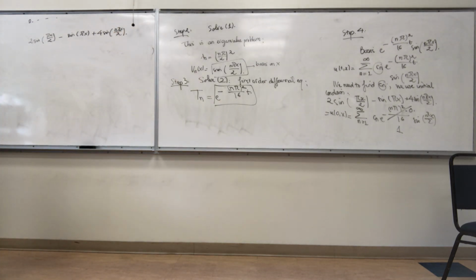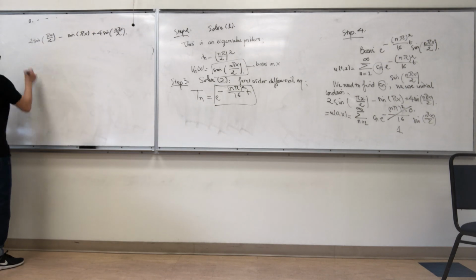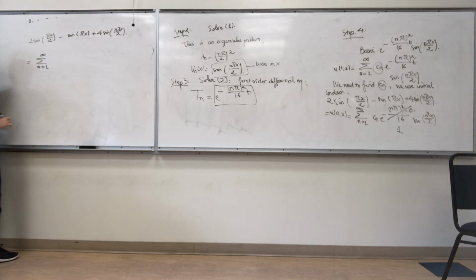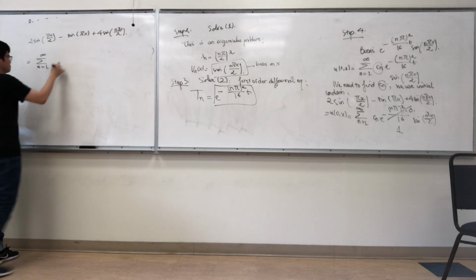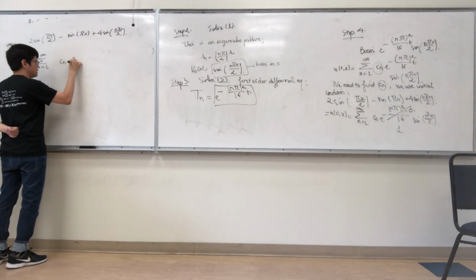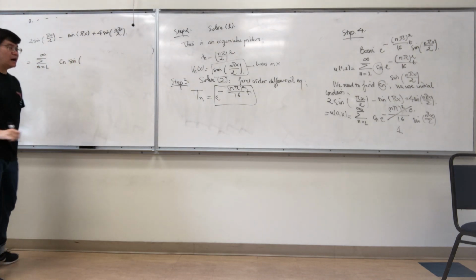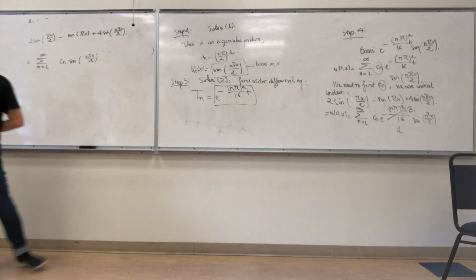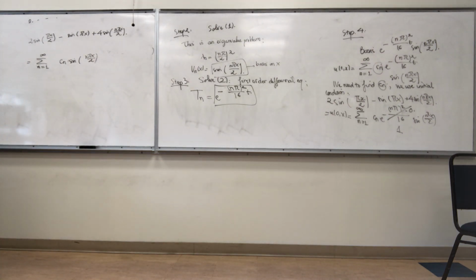Alright? And this is gonna give you the sum when n is going from 1 to infinity of Cn sine of n pi x over 2. Alright? This is what we found.